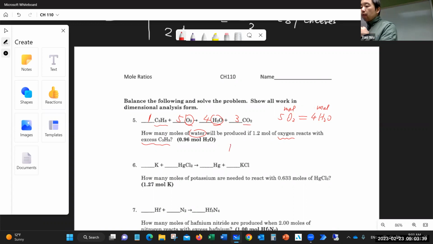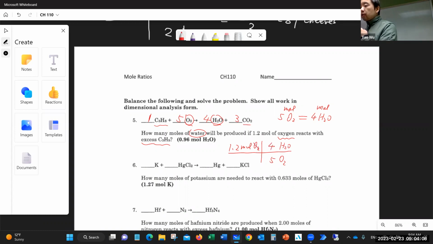We have 1.2 moles of oxygen, and you try to figure out the water. Where do you put the oxygen? Obviously you put the oxygen on the bottom and the water on the top. In front of oxygen is 5, so you put 5 down there. In front of water is 4, so you put 4 up there.